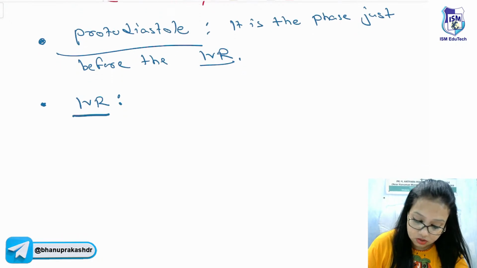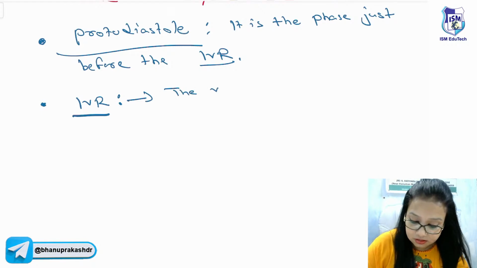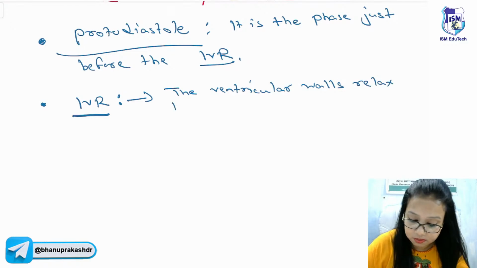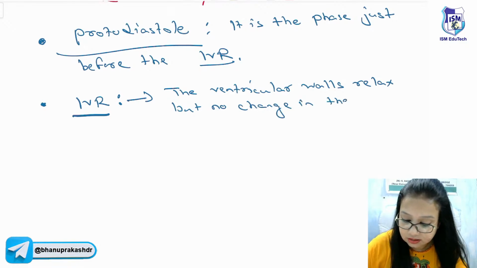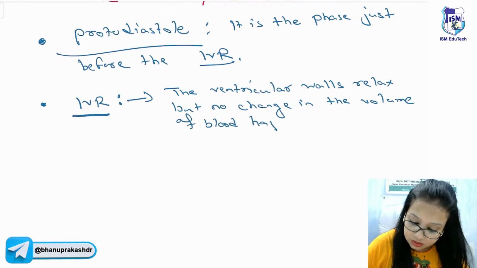Let us understand the steps, then I will correlate it with the diagram. So, isovolumetric relaxation, as the term goes by, here the ventricular walls relax, but no change in the volume of blood happens.